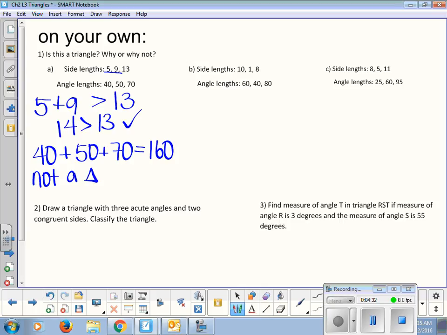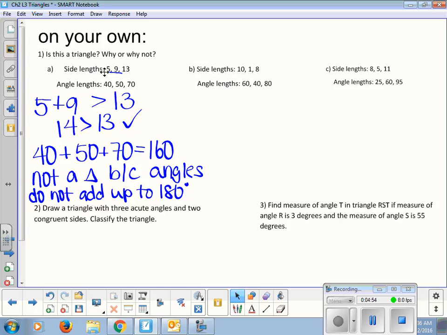So not a triangle because why? Yep, because the angles do not add up to 180. Okay, so I will let you try the next few on your own.